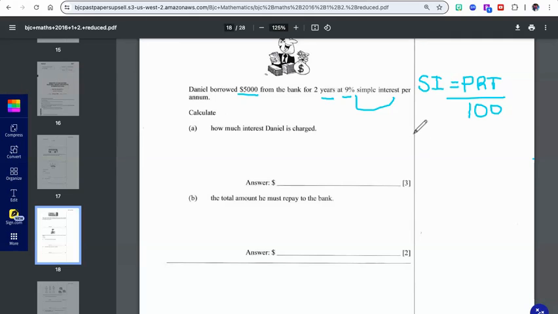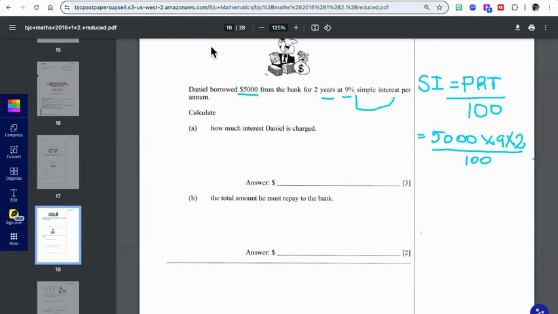So you can choose to do either or, but not the two. So let's go. Simple interest, that's equal to, my P is 5,000 times my R, which is 9, times my T, which is 2. And we are dividing that all by 100. There's my zeros again.